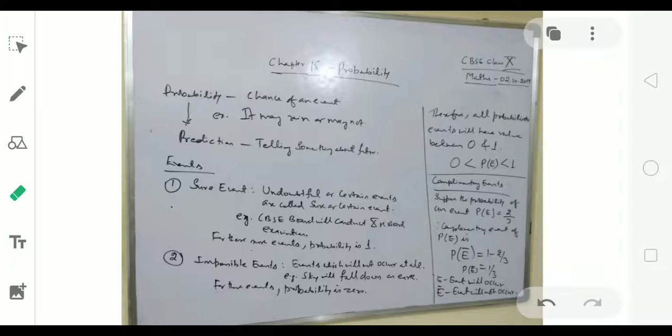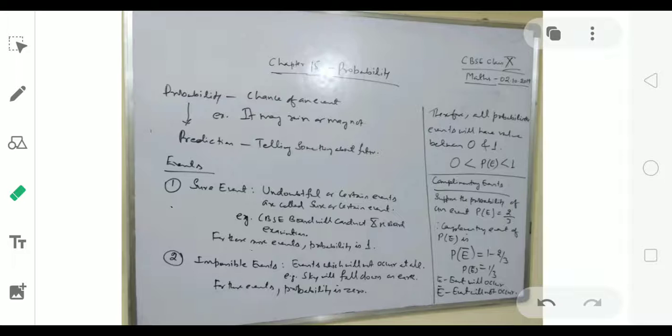This bar shows that the event will not occur, whereas P(E) only shows that the event will occur. So in that case, P(E) bar we are getting is 1 by 3. After all, what is the formula? P(E) plus P(E) bar is equal to 1. The probability of occurring of an event plus the probability of not occurring of an event, the sum of both will be equal to 1.